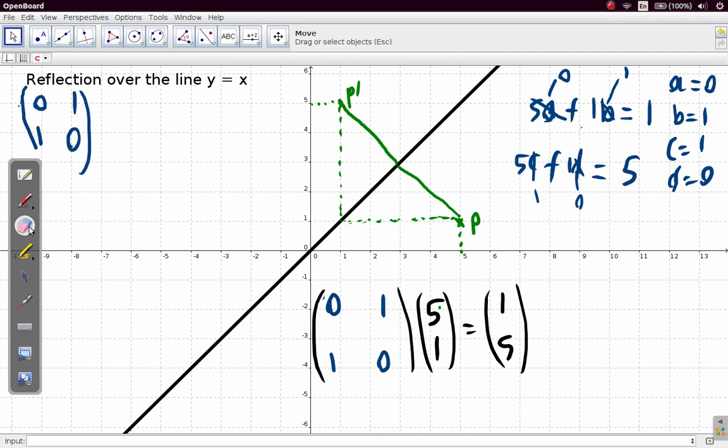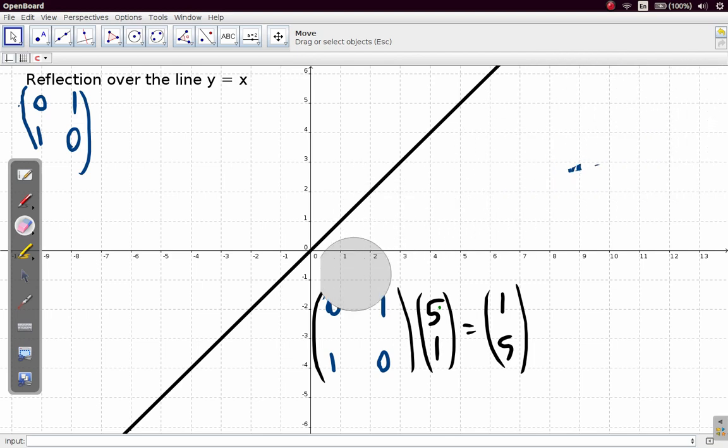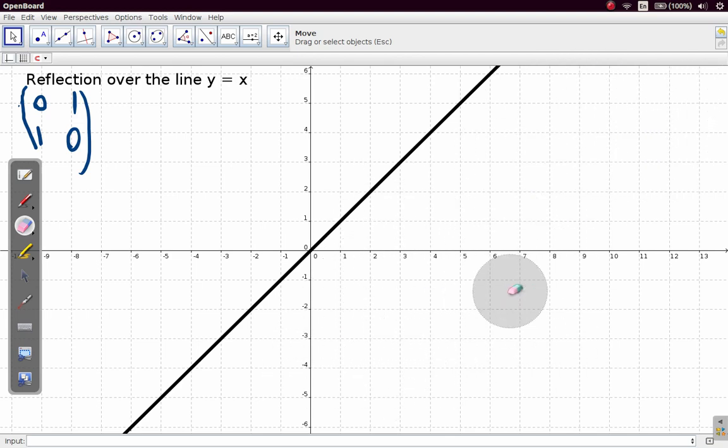Let's erase these things over here. And what we'll do is perform the reflection on a triangle. Alright? Let's use a triangle.